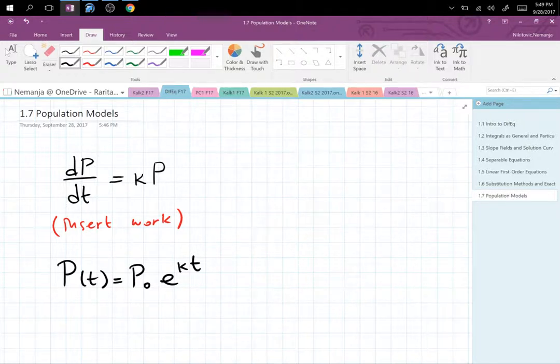So we did this problem on day 1 of differential equations class. And we came up with this model, which is given to you, let's say in PreCalc. You can compute locally, but on the long run, this particular model is not good because the limit of P0 e to the kt as t goes to infinity is infinity.